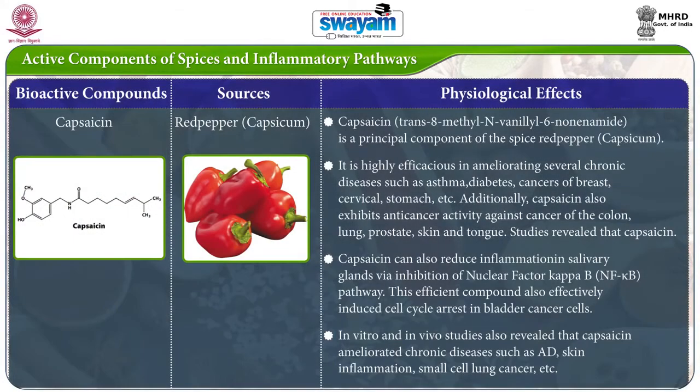Now, next is capsaicin. Capsaicin is a principal component of the spice red pepper, or capsicum. It is highly efficacious in ameliorating several chronic diseases such as asthma, diabetes, and cancer of the breast, cervix, stomach, etc. Additionally, capsaicin also exhibits anti-cancer activity against cancer of the colon, lung, prostate, skin and tongue.